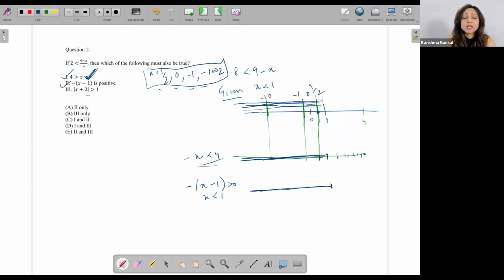Okay, now I come to my mod. Please think about it in terms of distance. It will make our life really simple. What does this mean? Mod of x plus 2 is greater than 1. It means that the distance of the point x from -2 is more than 1. So if I were to draw it on the number line, I would say this is -2. This is my -1, it'll lie over here, and this is my -3, so it'll lie over here, right?